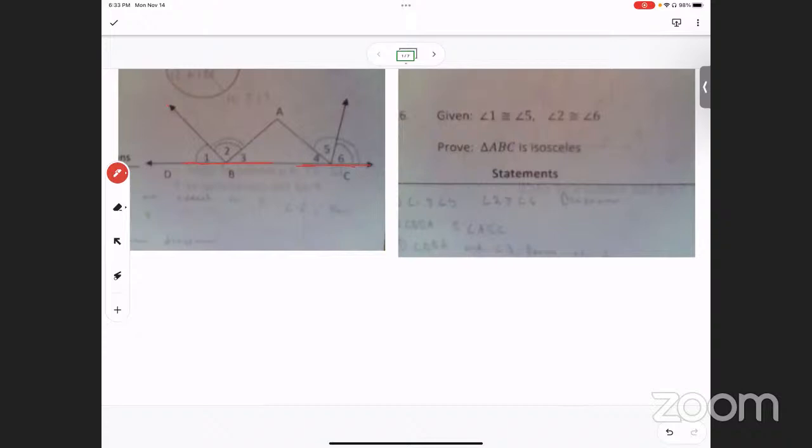So we can use, I think it's going to be the subtraction property. Can't we just assume straight angles? Yeah, we are assuming these angles are straight.